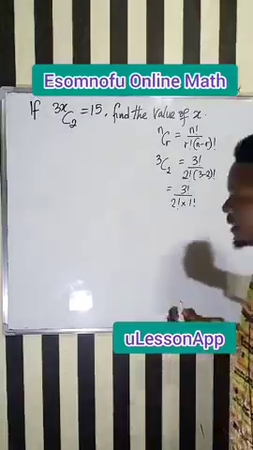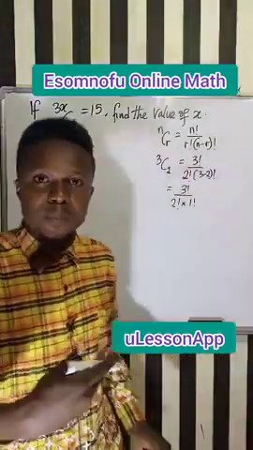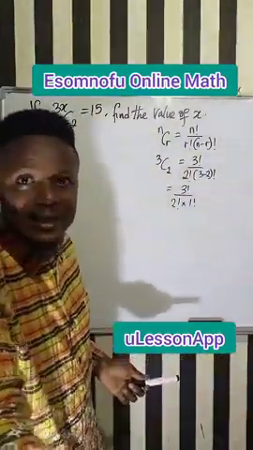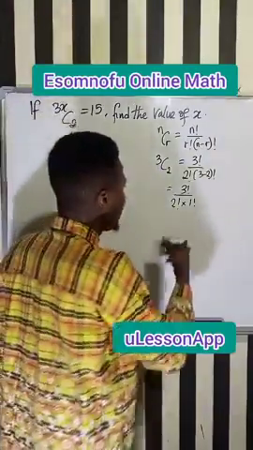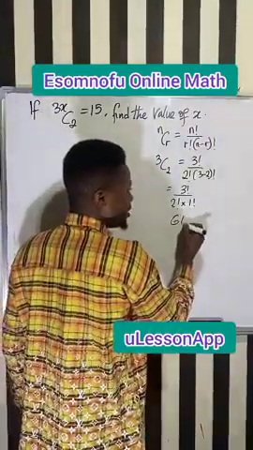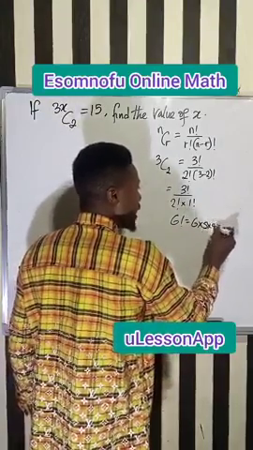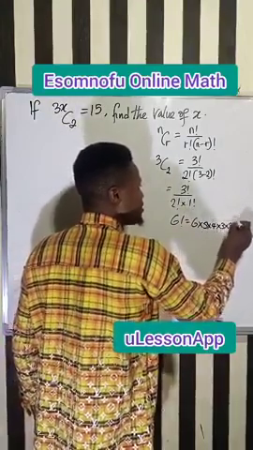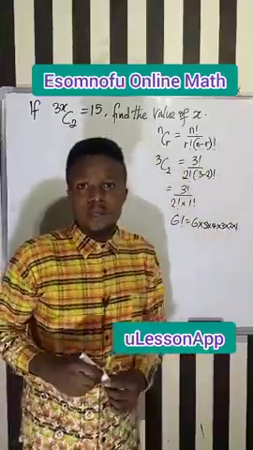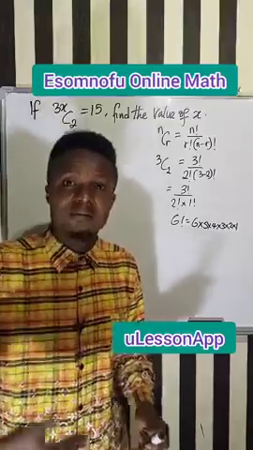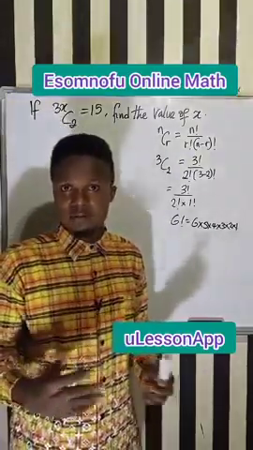Now, one thing about factorial is just the product of a number and other numbers less than it, apart from 0. When you talk about something like 6 factorial, it means 6 times 5 times 4 times 3 times 2 times 1. If you talk about 10 factorial, it will be 10 times 9 times 8 times 7 till you get to 1. That is the meaning of factorial.